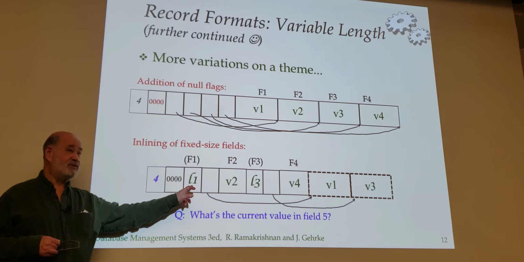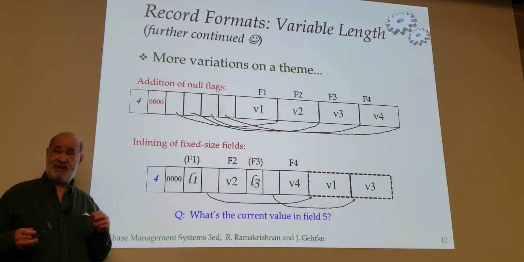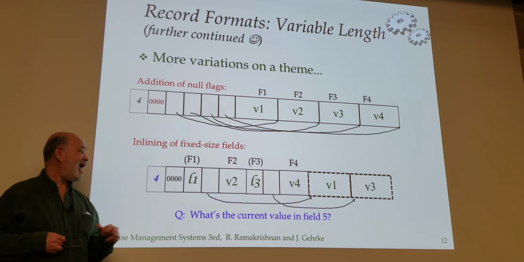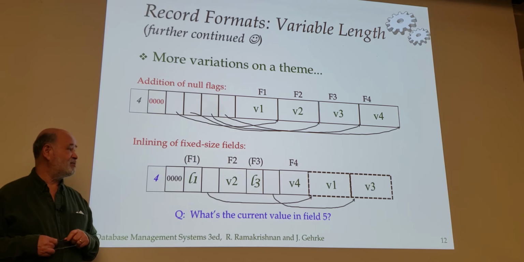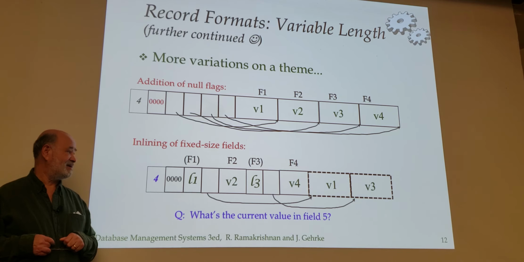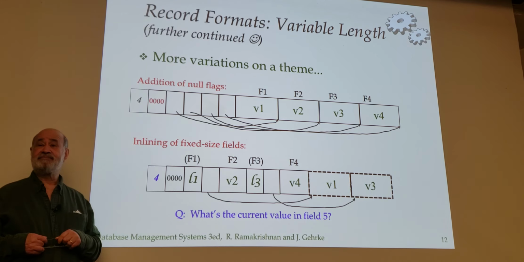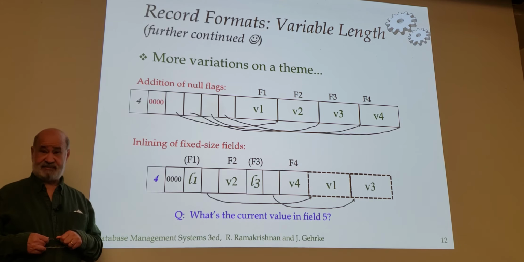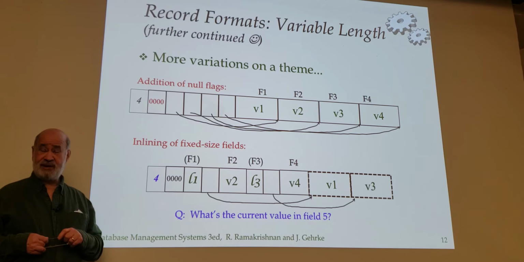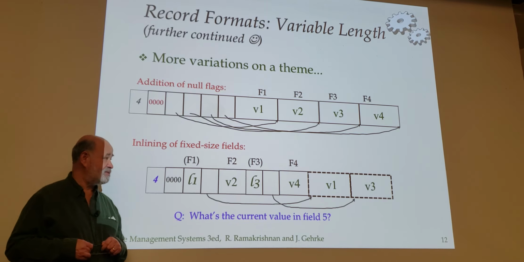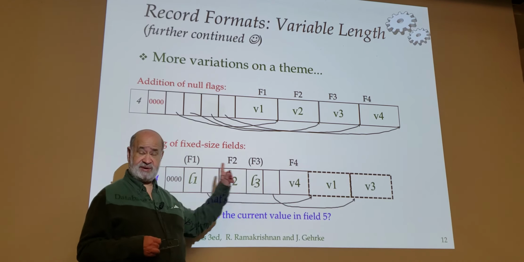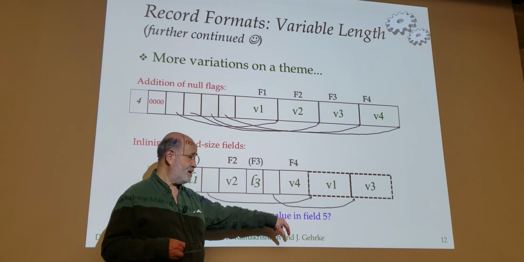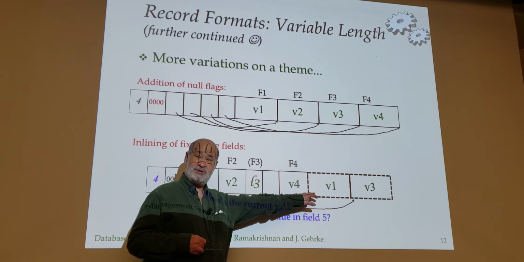For field 1, I put the length of field 1. It's a variable length thing, so I have to say how long it is. And I tell you the offset that corresponds to the beginning of field 1. So I tell you, field 1 begins over here. It's an offset, not a pointer. It's an offset from the base, a position in the record. This is where it starts.